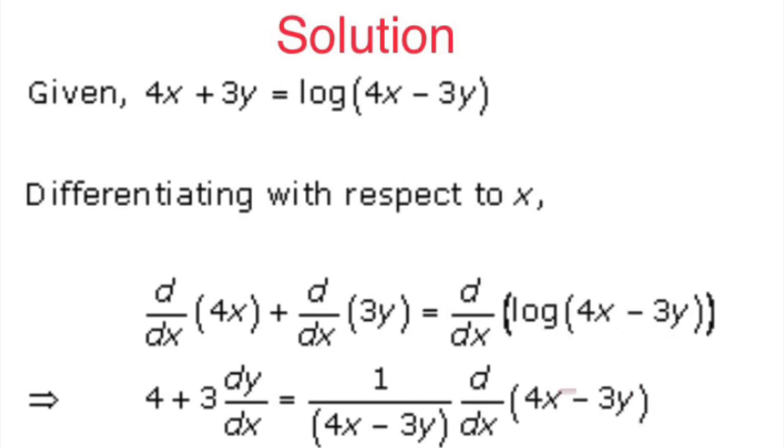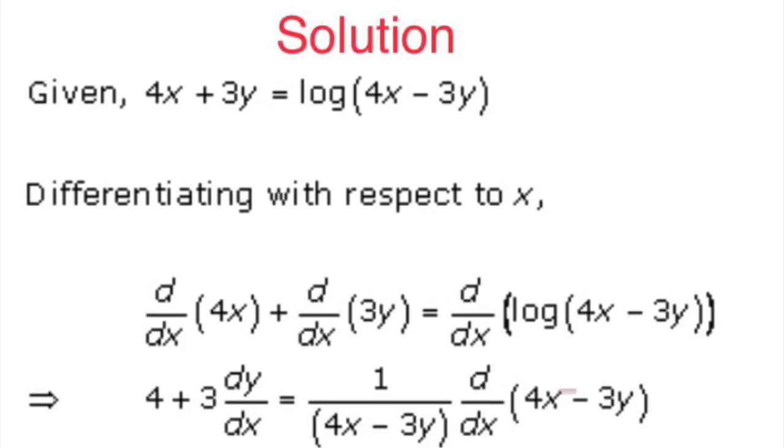Let's differentiate the left hand side first. So, the derivative of 4x will be 4 and the derivative of 3y will be 3 into dy by dx. And in the right hand side, we have log of 4x minus 3y.